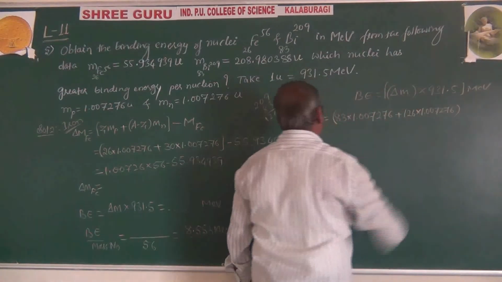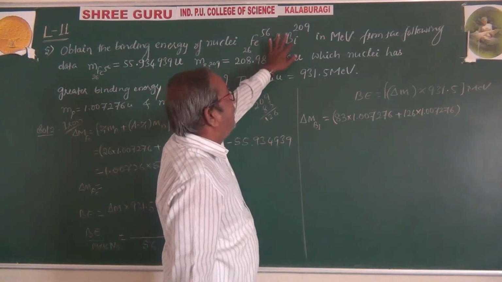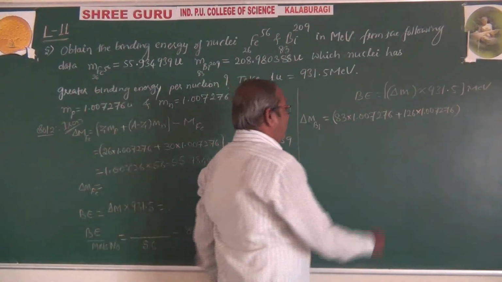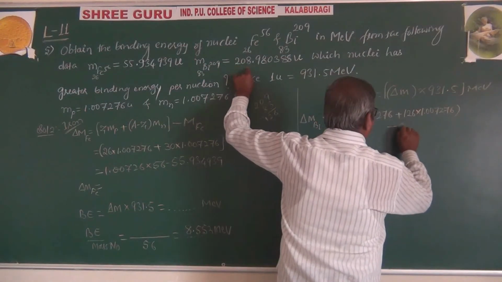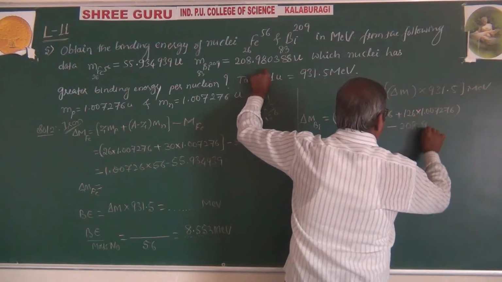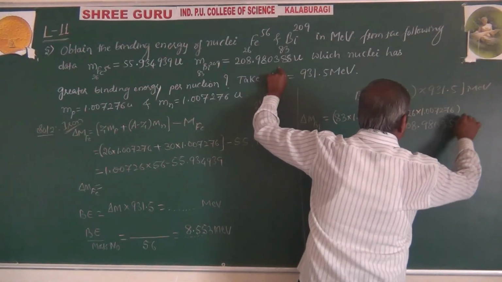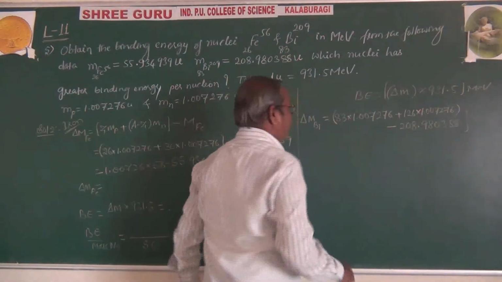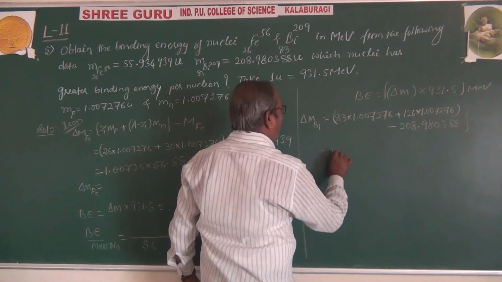This is the sum of the masses of protons and neutrons in this element, minus the mass, this one, 208.980388. This is the total mass. If you want, here also I will write one more step.